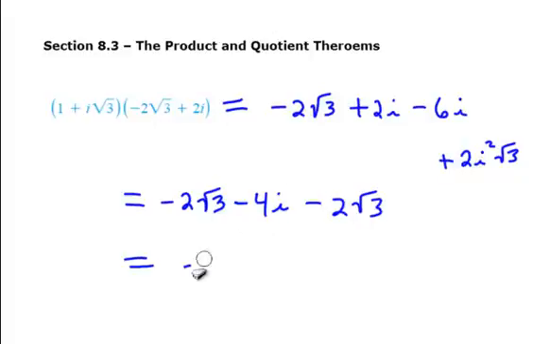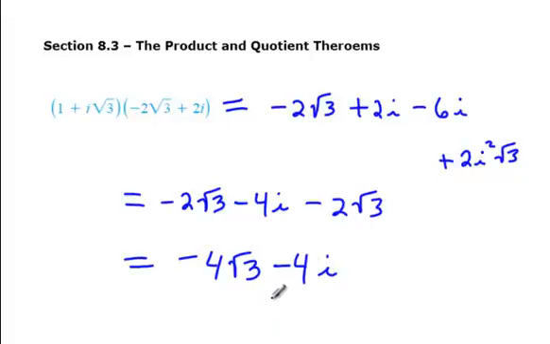Let's write the real part first. We have negative 4 root 3 right here minus 4i. And negative 4 root 3 minus 4i is the rectangular form of a complex number.